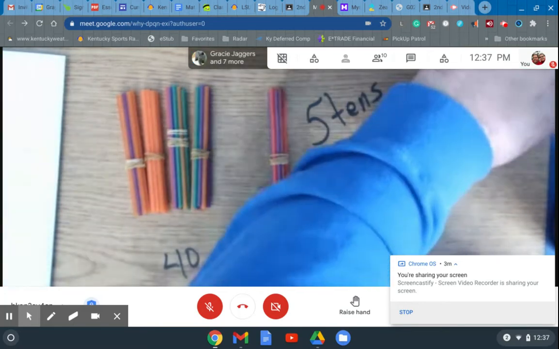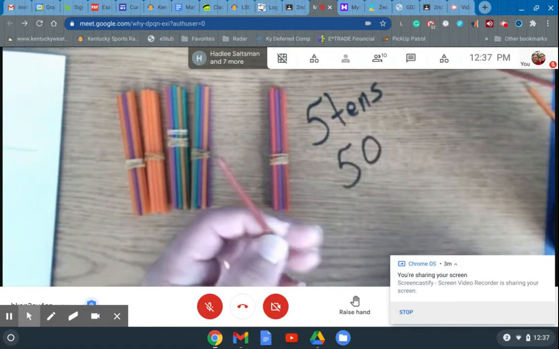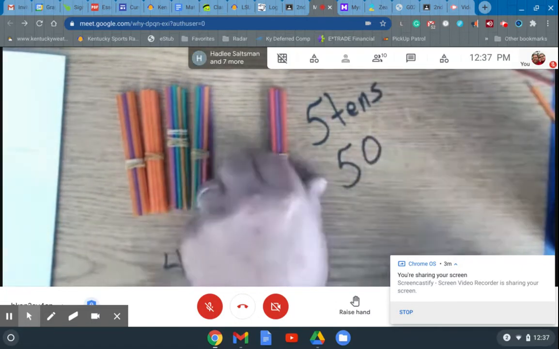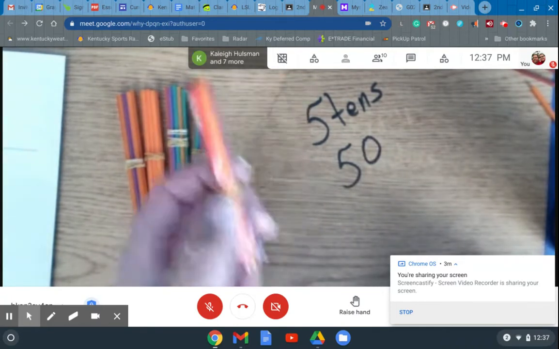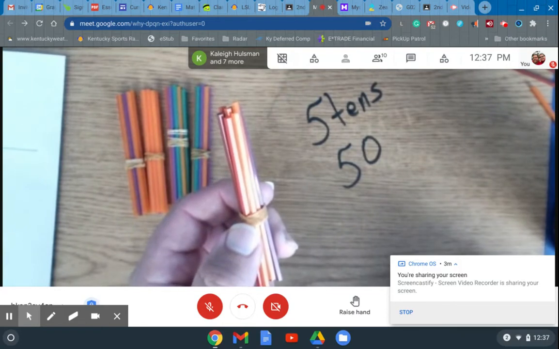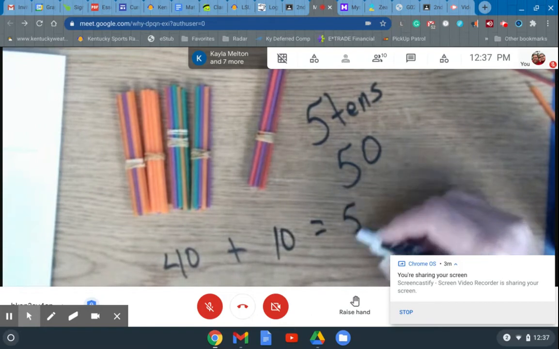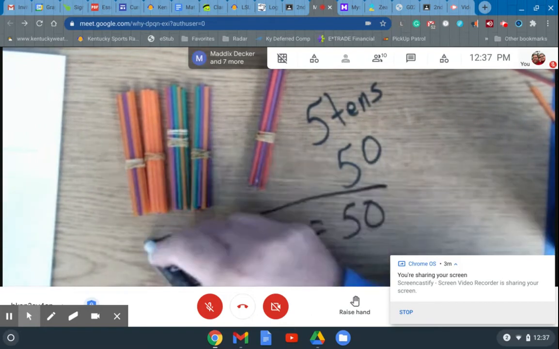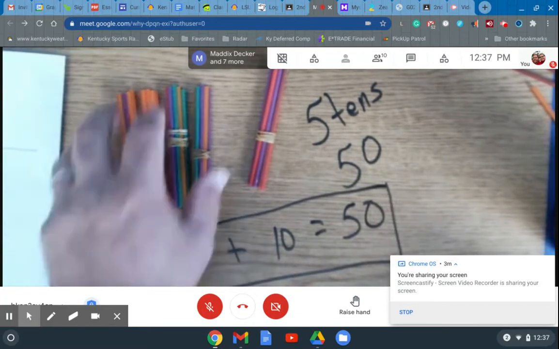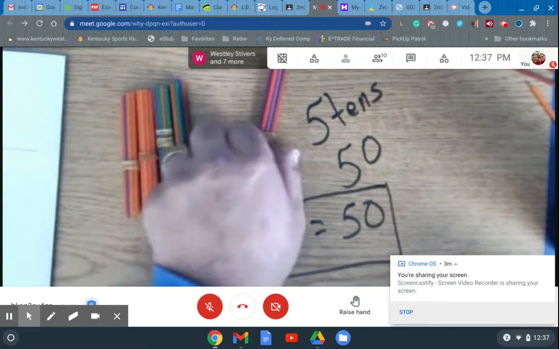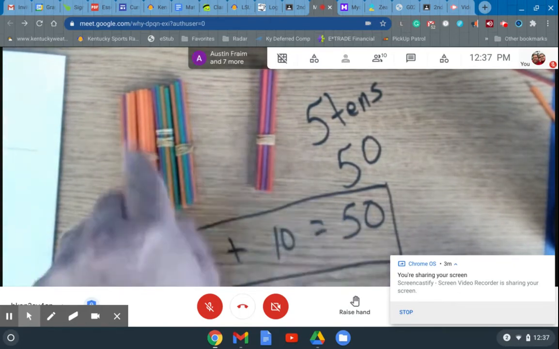Is it 1 like this one? It's not like this one, right? So what is this? This is 1 ten. So how much is this? It's 10. And Maddox said that it equaled 50. So this is our number sentence. I started with 40, I added 10 more, and I got 50 altogether.